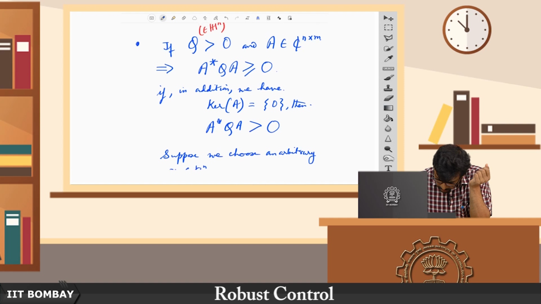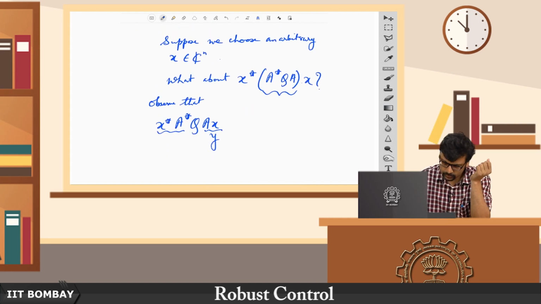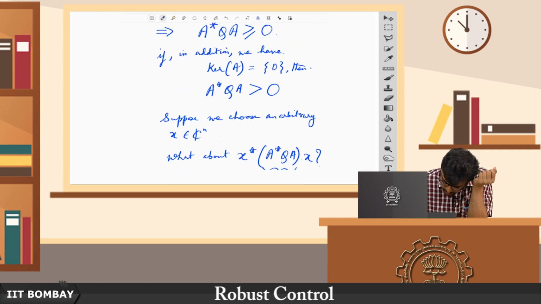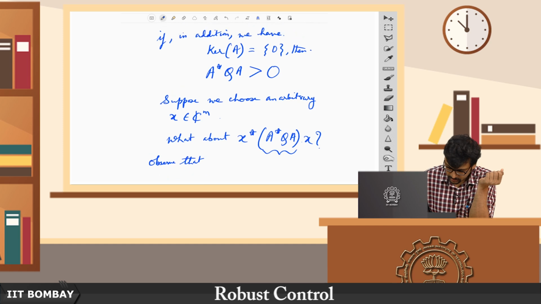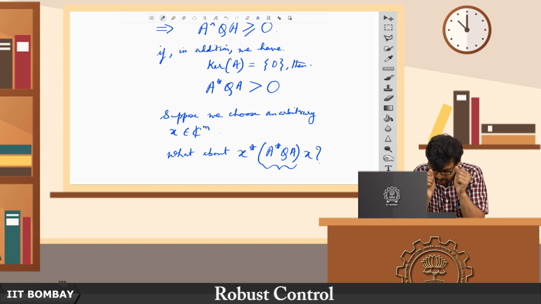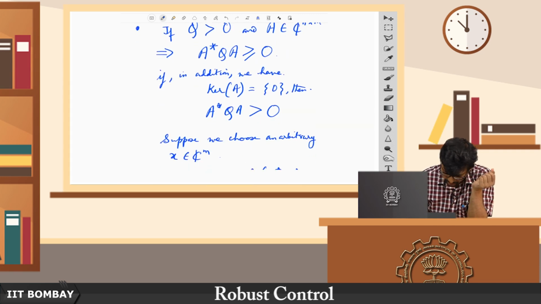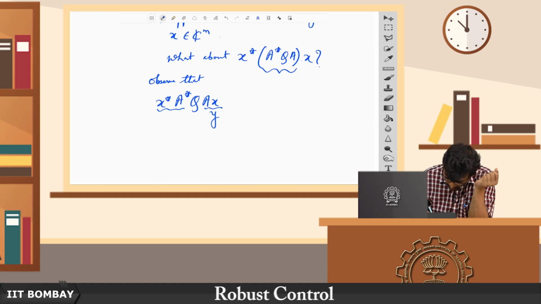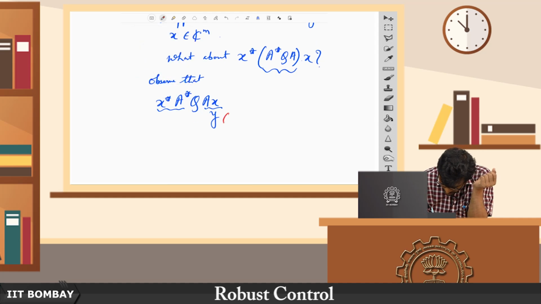Okay. So let me see what size I have chosen. Yeah, this is n cross m. So x will probably be of size m, because A Hermitian Q A is an m cross m matrix. Yeah, sorry about that. So that is a correction you have to make. But on the other hand, this y is now of size n.